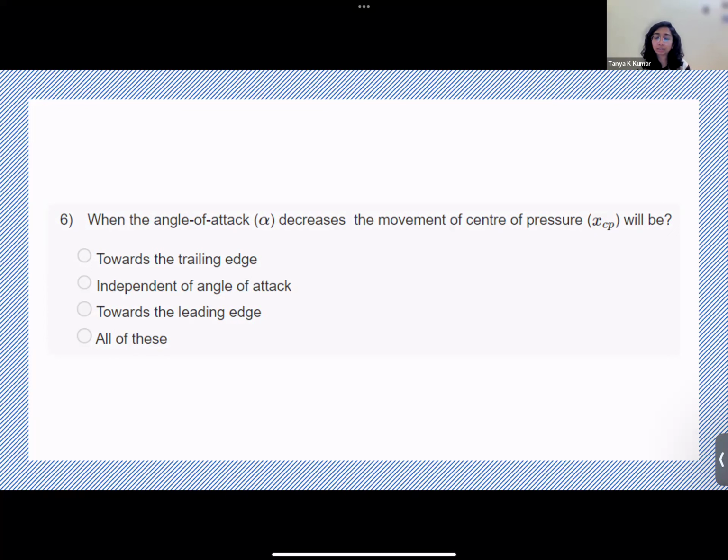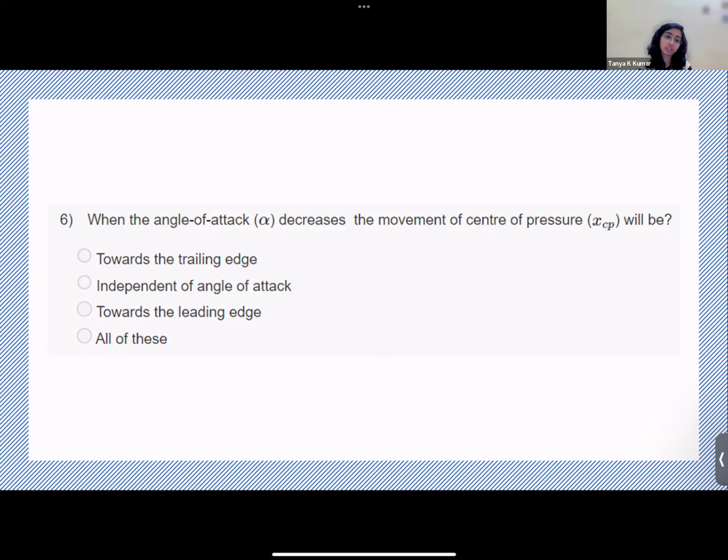Center of pressure we just defined as the point about which the aerodynamic forces, lift and drag, act. And it keeps moving with angle of attack, which is why it was inconvenient for us to perform analysis, and we came up with aerodynamic center. So now the question asks you, when the angle of attack decreases, how will the center of pressure move?